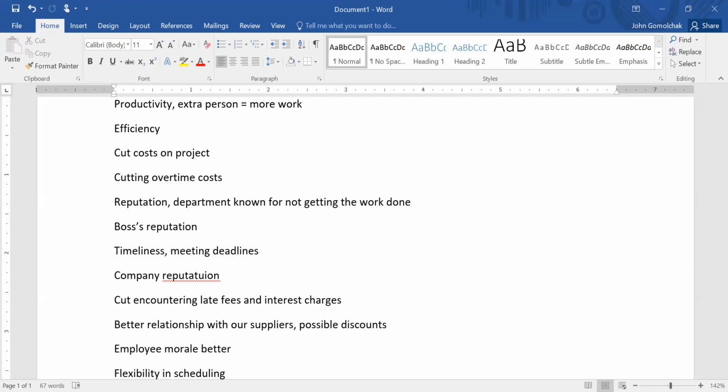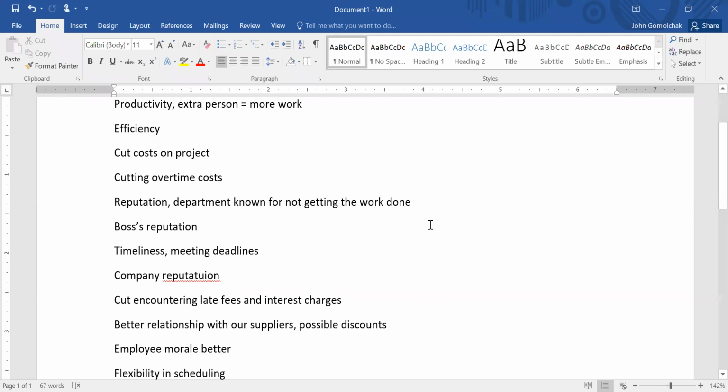I can tell you that we here in the department are not happy about the fact that the company believes that we are not able to perform our job. We believe that we're doing our job with tremendous efficiency. It's just that it's impossible for us to meet the goals because of the sheer volume of work that we need to do. If we had this additional person, then it would be much easier for us to reach our goals and to get everything done, get the payables processed and paid in a timely manner.